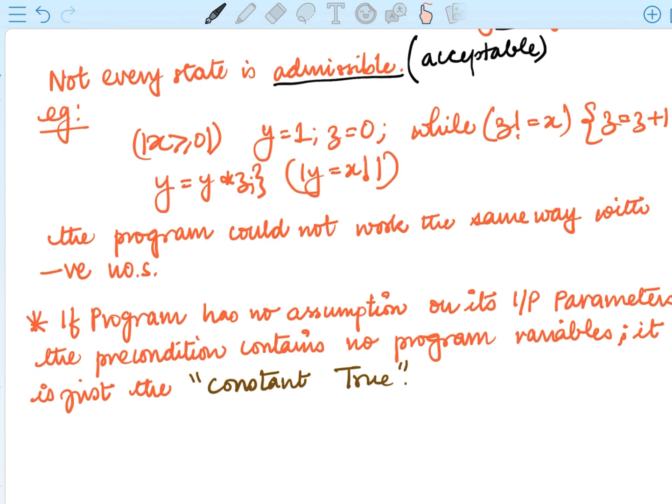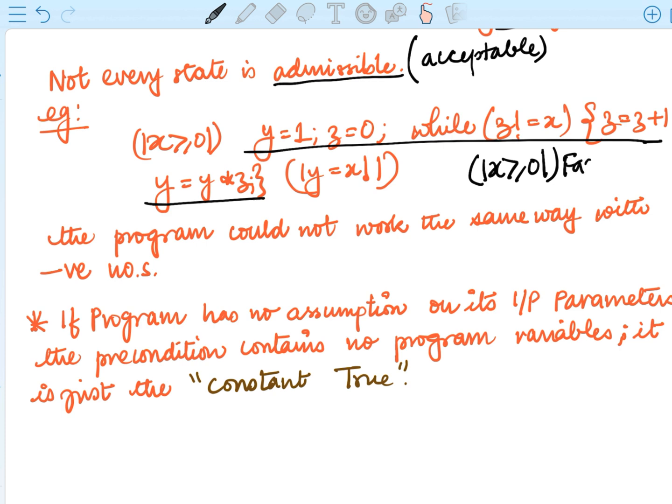Okay. Now, here is an example: x is greater than or equal to 0, y equals 1, z equals 0. This part, if you see, is the program. This is the program for factorial. Either you could have written it like this, or if you didn't want to write it like this and give a name to the program, you could have written it like this also. Right?